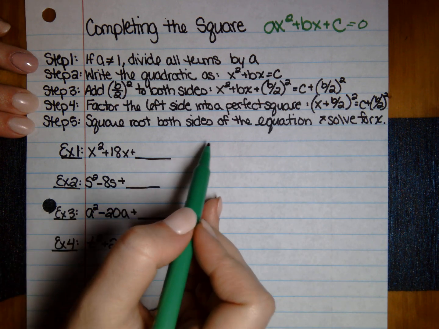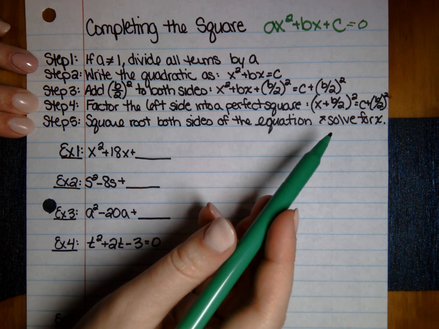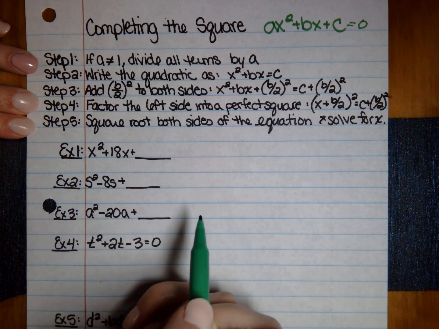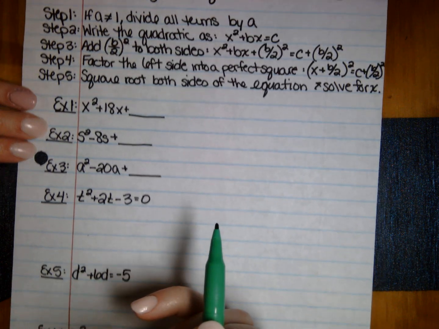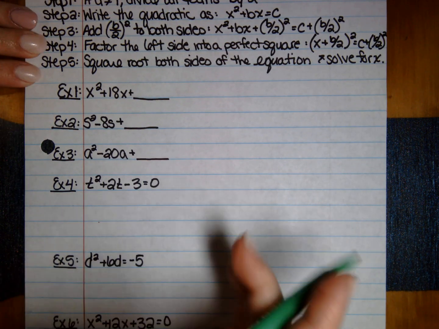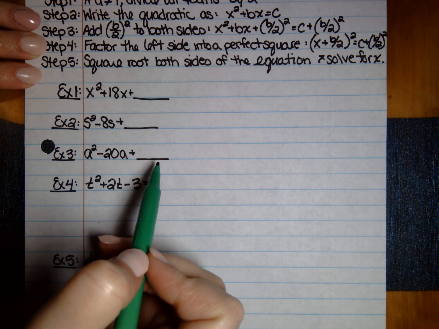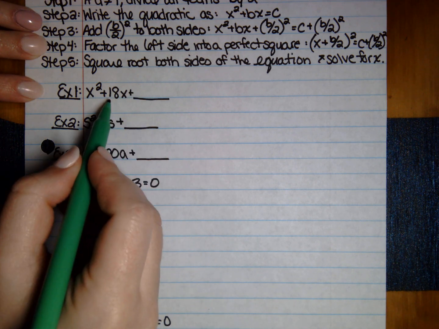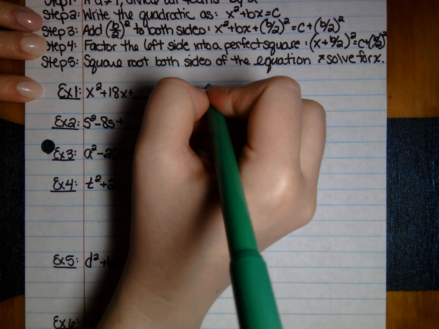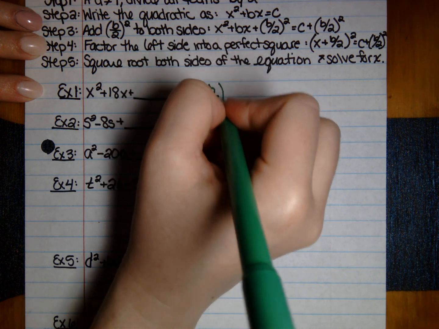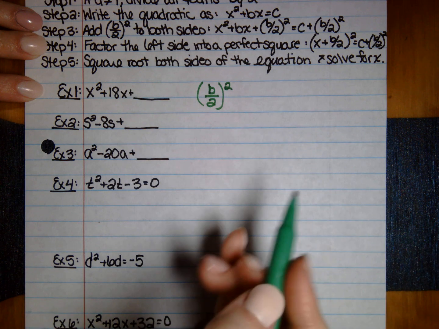Then you're going to square root both sides of the equation and solve for x. For these first 3 examples, all that we're doing is solving for that completed square, that c value. So the rule is to do half of b and then square your answer.